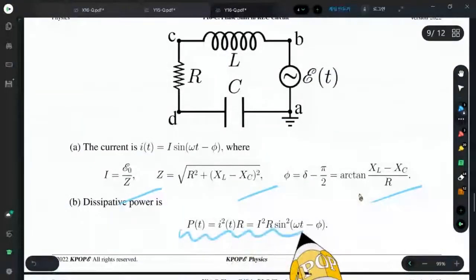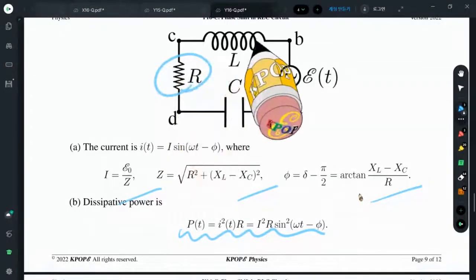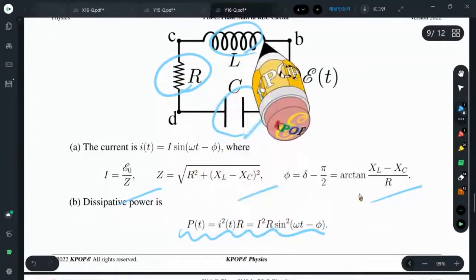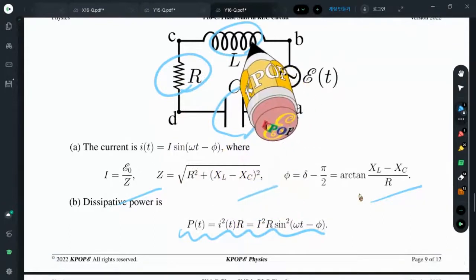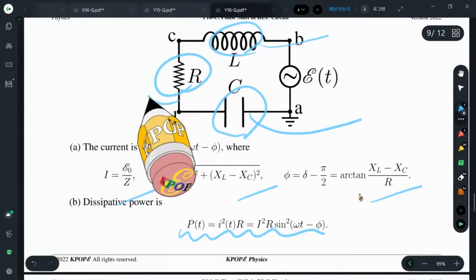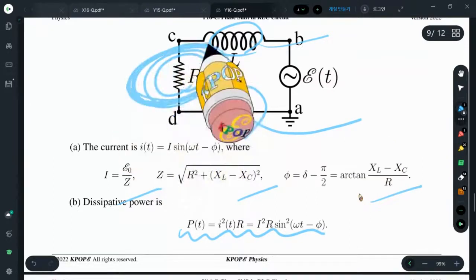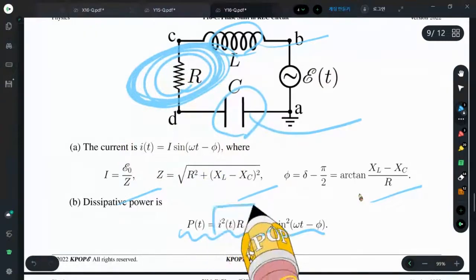Okay, power loss. This guy loses power. These two guys save the power in the magnetic field and in the electric field, but the resistor is losing energy all the time. How much?